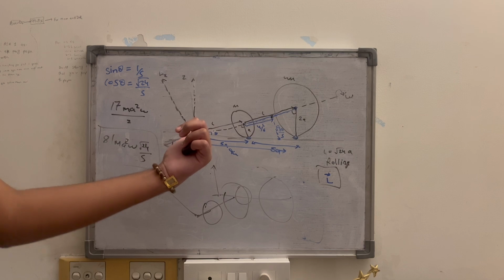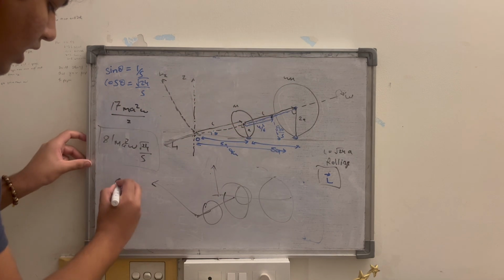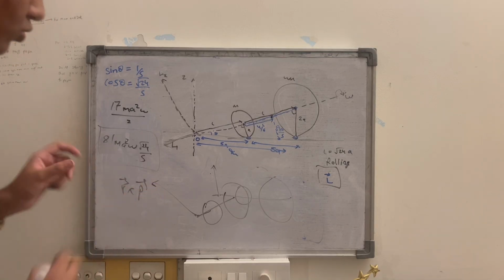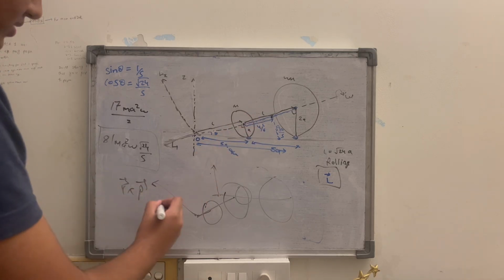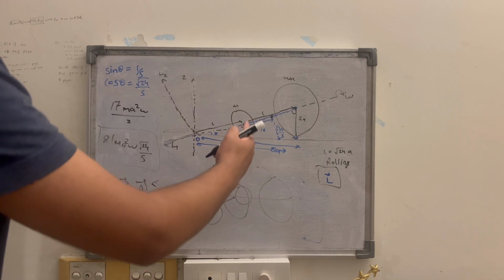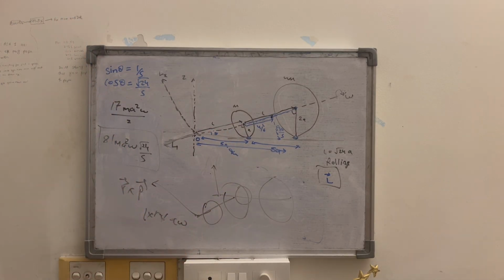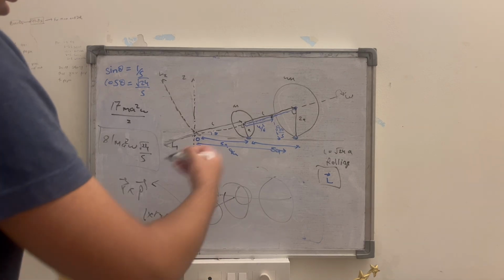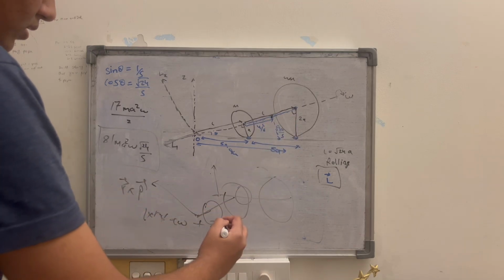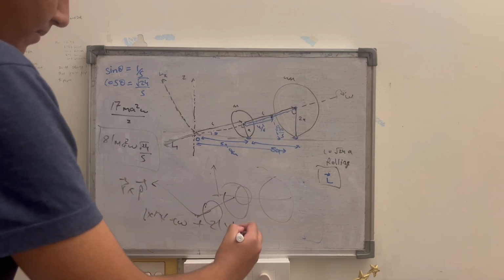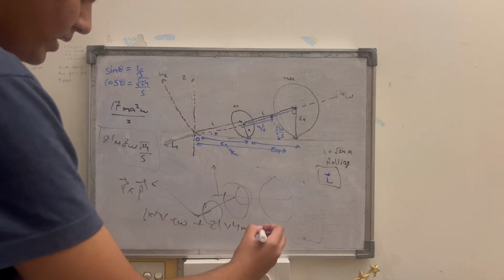Because then you would have taken L to be the distance in R cross P. So it would be L into mass M, velocity A omega, plus R cross P, where R over here is 2L cross P, 4M into velocity 2A omega.